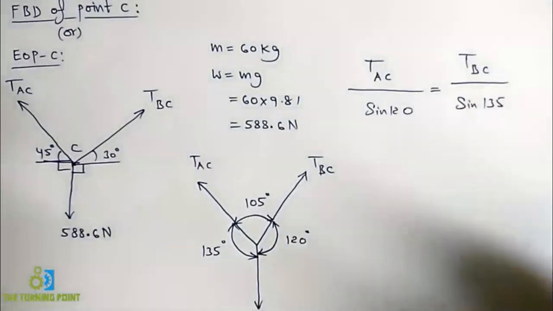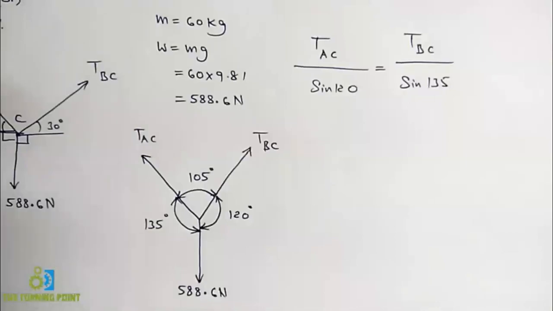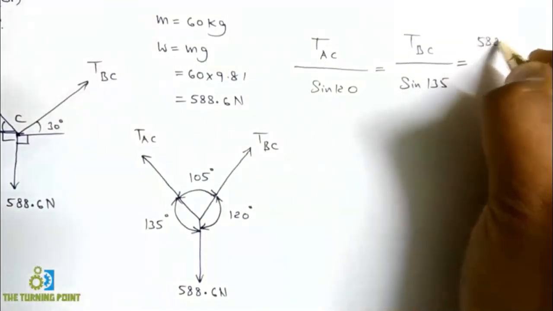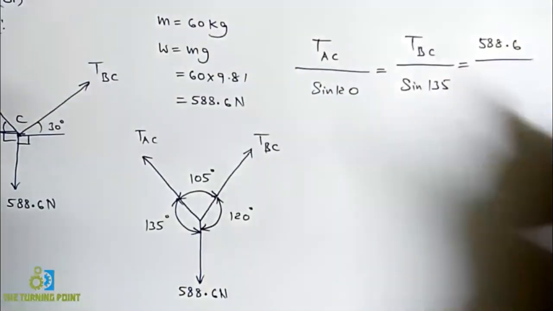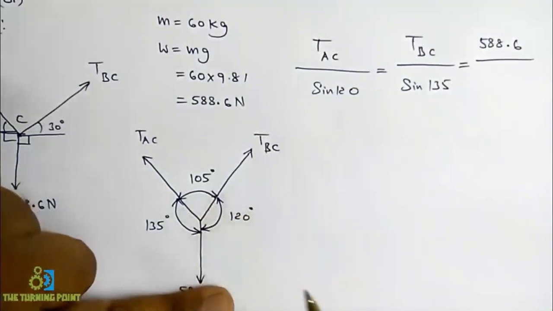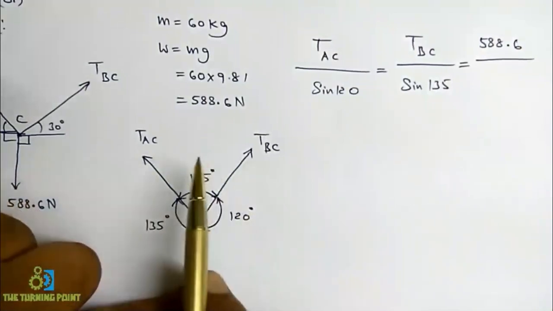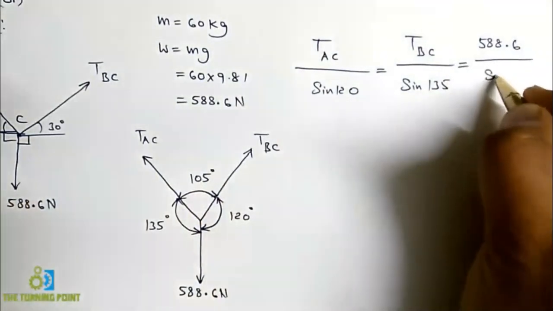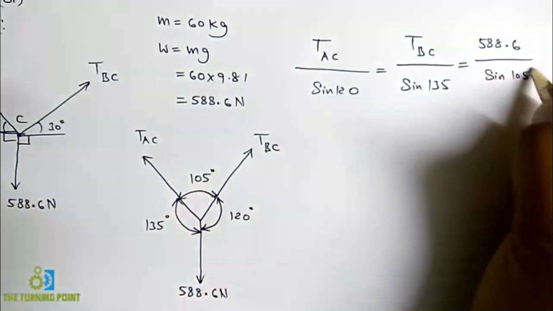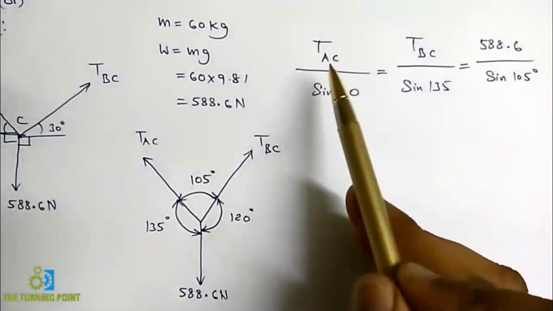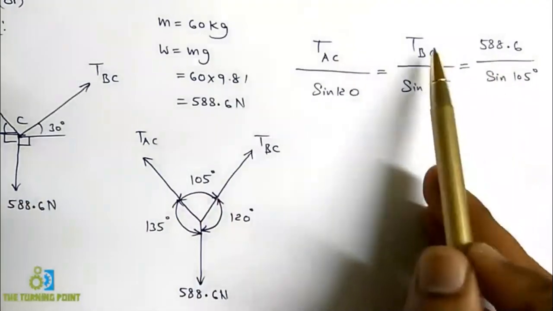Which will be equal to the remaining force, 588.6 newtons, divided by the opposite angle, which is 105 degrees. So when you close this one, the remaining two forces are these, and the angle between those two is 105 degrees. Sine 105 degrees. So from this relation you can find the value of TAC as well as TBC.